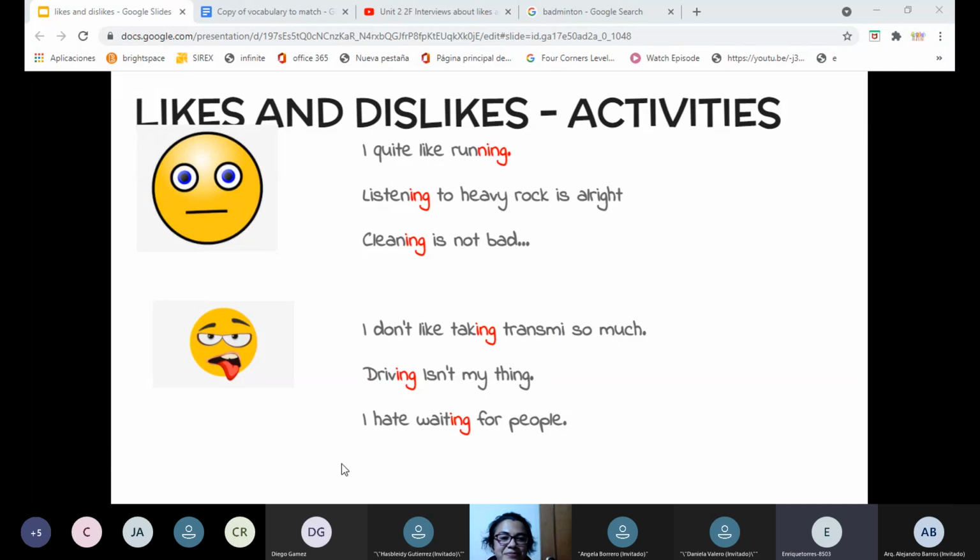Chicken relleno. ¿Cómo sería? Stuffed chicken. All right. Okay. Good. And what about the others? I guess Hasblady and Daniela would like to say something. Daniela, how do you like cooking? Daniela Valero.